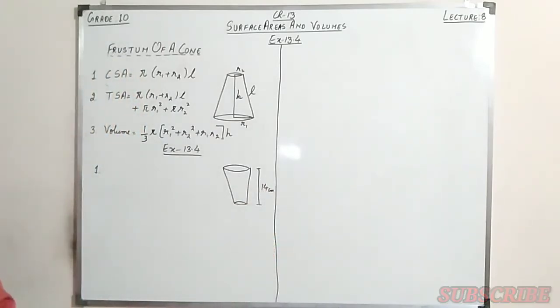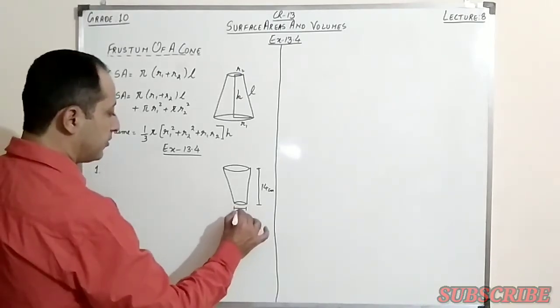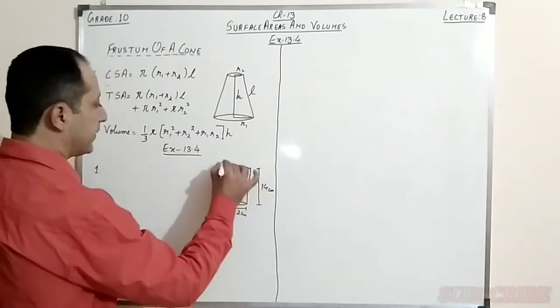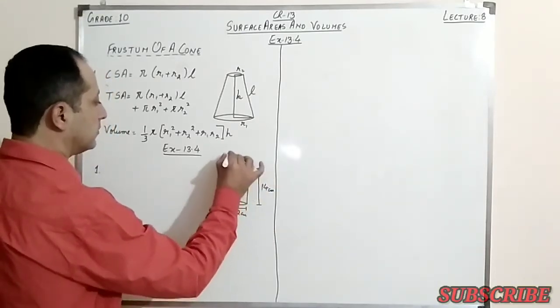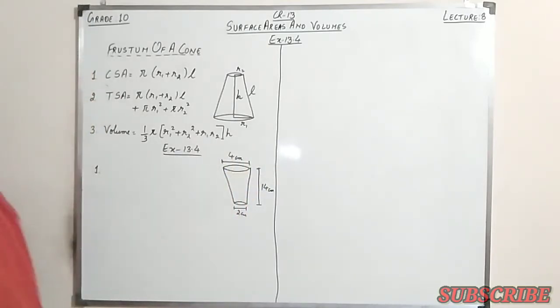What next? The diameters of its two circular ends are 4 centimeter and 2 centimeter. So this is 2 centimeter and this is 4 centimeter. What we need to find is the capacity of this glass. Capacity means we have to find the volume and then convert it into milliliters or liters.